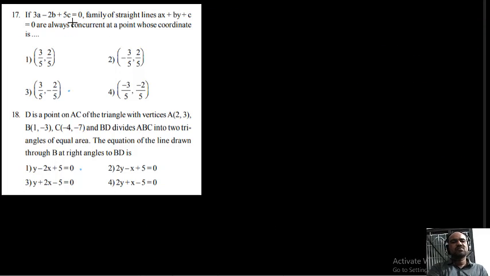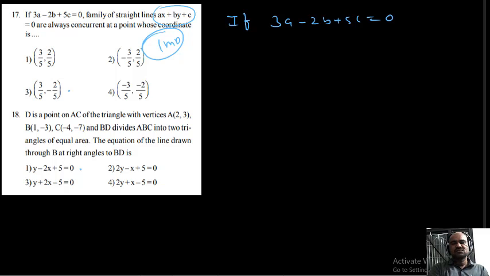Okay students, our next problem: if 3a minus 2b plus 5c equal to 0, under this condition, ax plus by plus c equal to 0 represents a family of concurrent lines. Now you want to find the point of concurrence. Important model, student, this one.